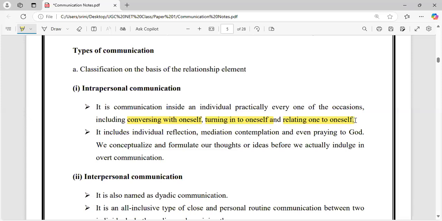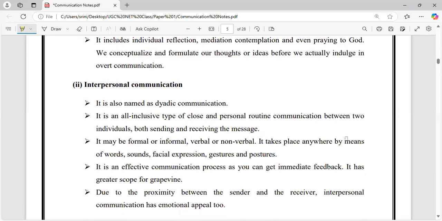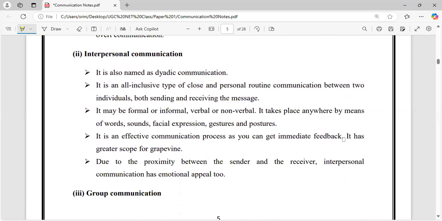It includes individual reflection, meditation, contemplation, and even praying to God. We conceptualize and formulate our thoughts, our ideas, before we actually indulge in overt communication. That's intrapersonal communication. Important. All should have interpersonal communication.